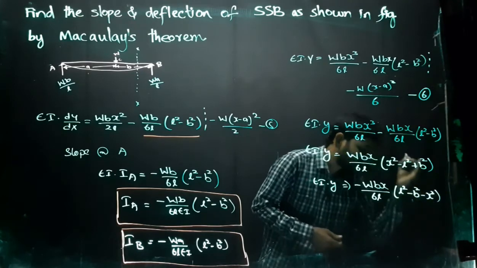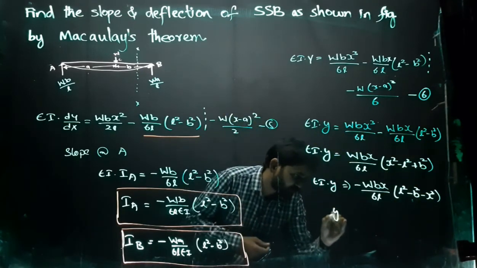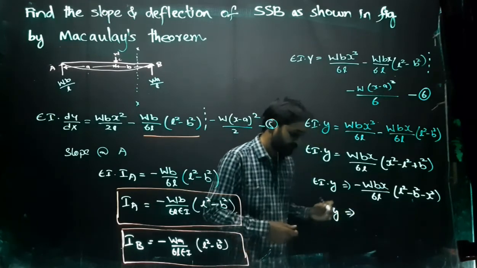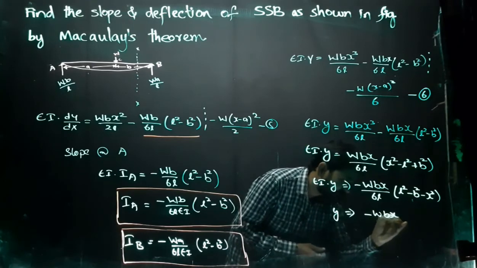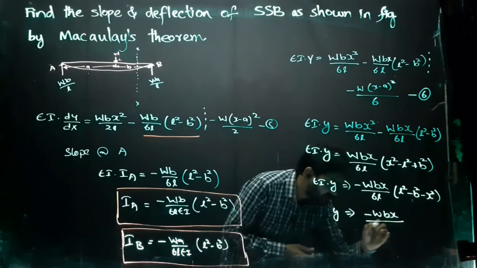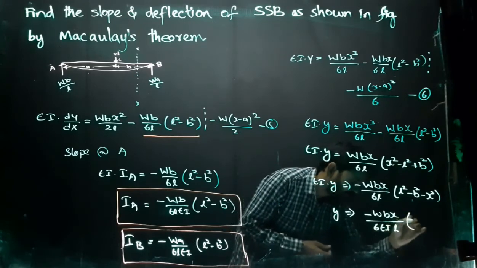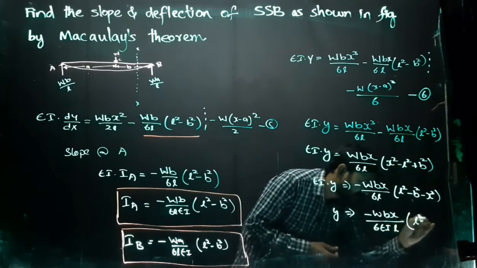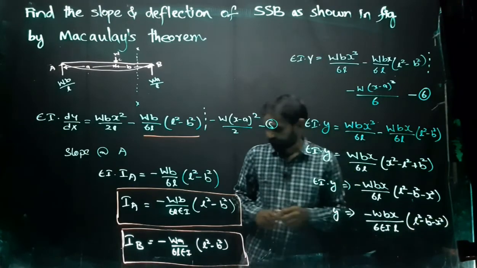The plus terms became minus and the minus terms became plus, therefore y is equal to minus WBx by 6EIL into L square minus B square minus x square.